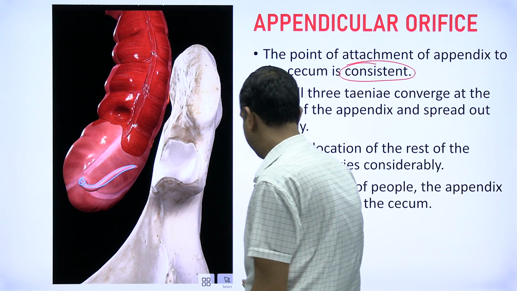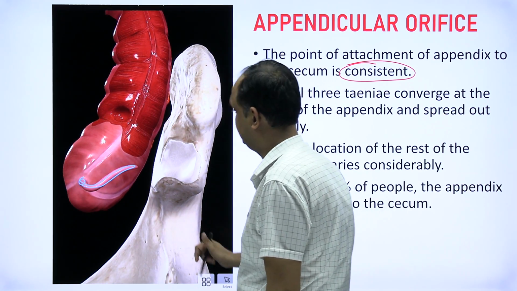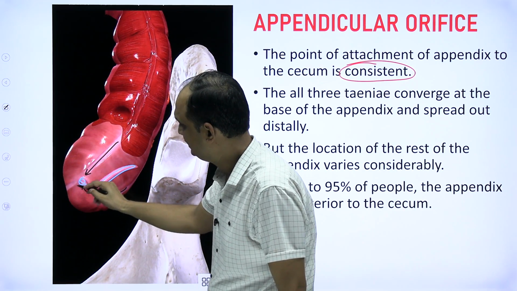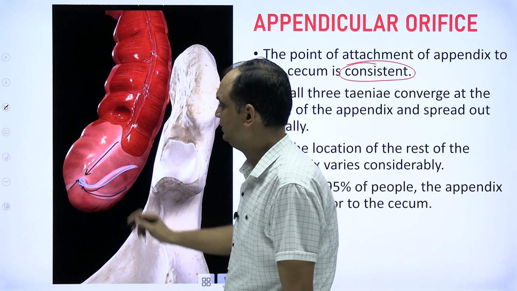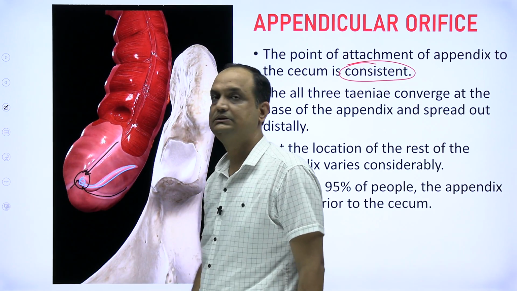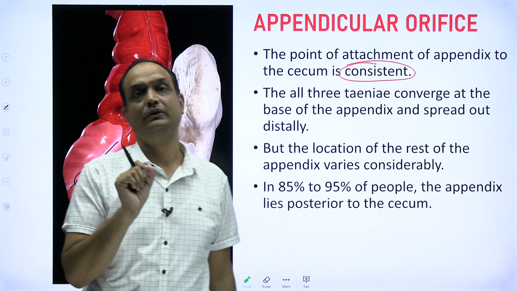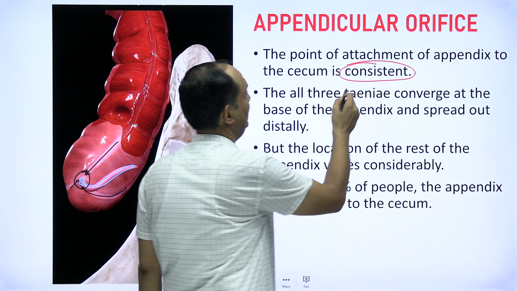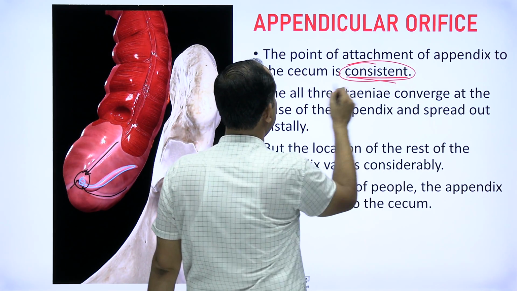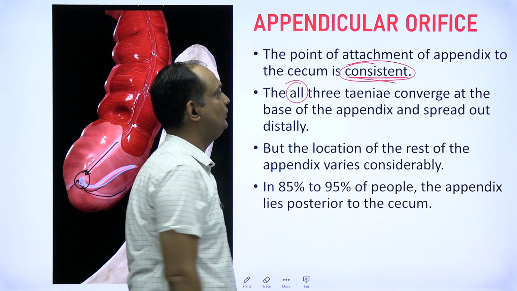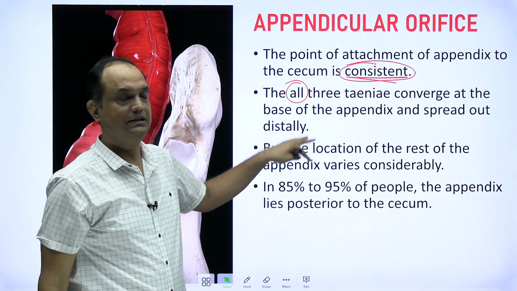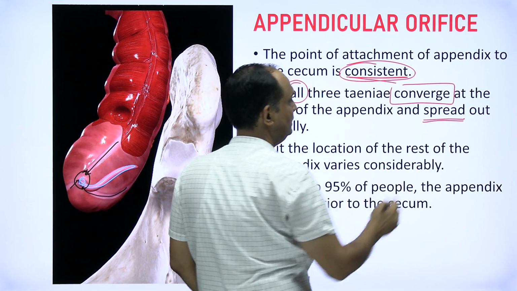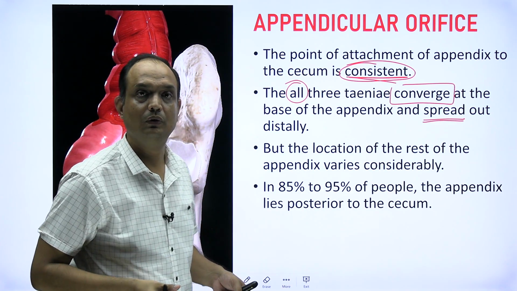Here you can appreciate that all three teniae are converging: this is one tinea, this is another tinea, and this is the third tinea. All three teniae are converging at the base of the appendix. That is why we use the word consistent for the attachment of the base of the appendix, and all three teniae of the large intestine converge at the base, and then they spread out as you go towards the ascending colon.